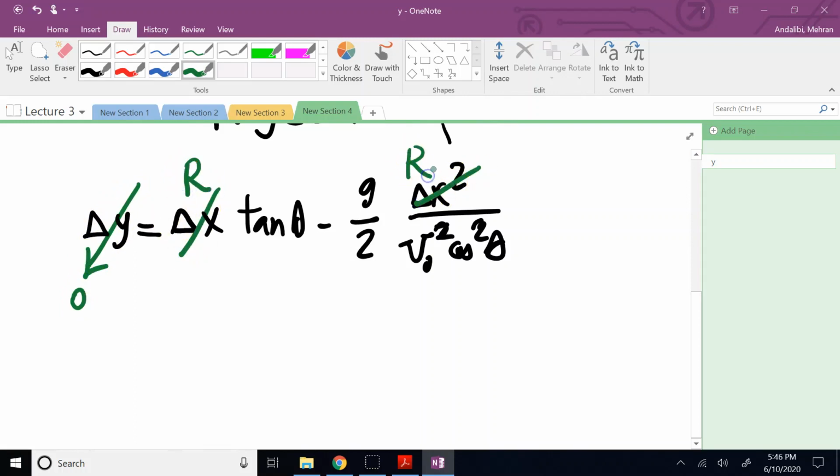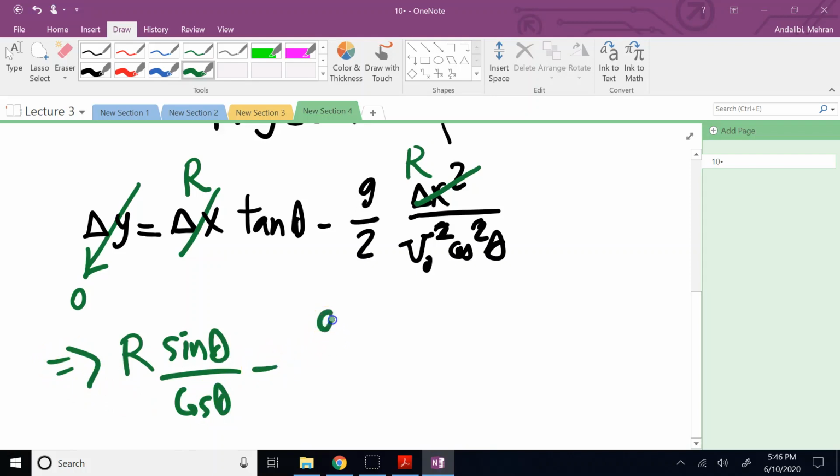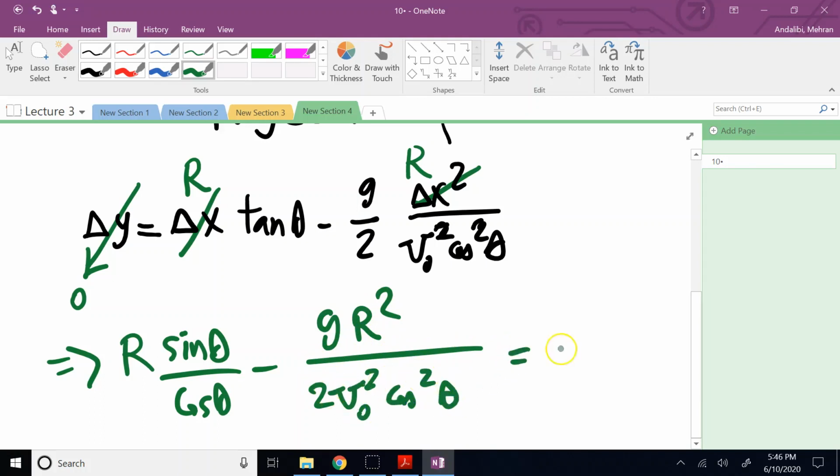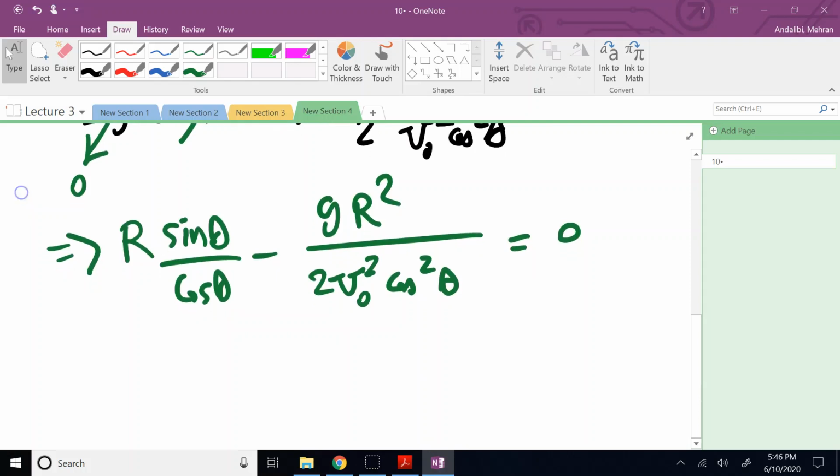Range. I show it with parameter r. Right? So I get r tangent theta, or r sine theta over cosine theta, minus g r squared over 2 v naught squared cosine squared theta is equal to what? 0, right? Which is a quadratic equation in terms of r.